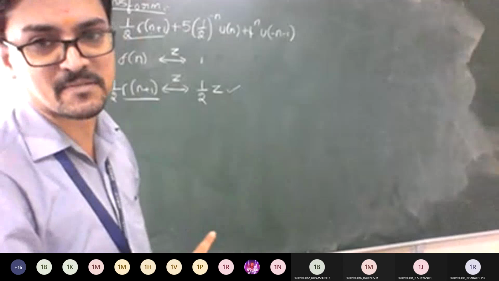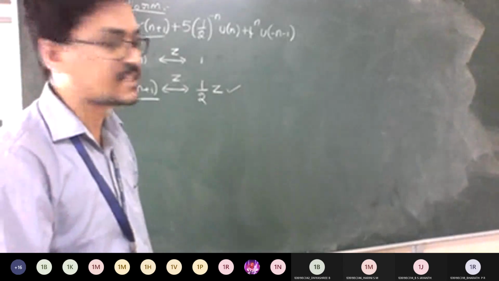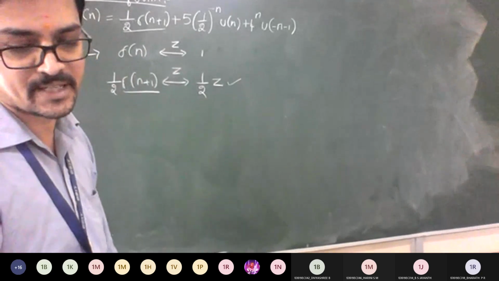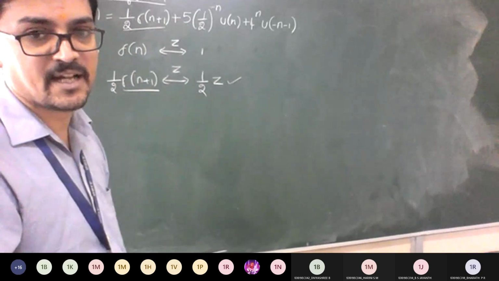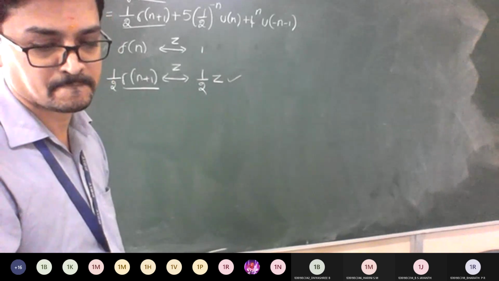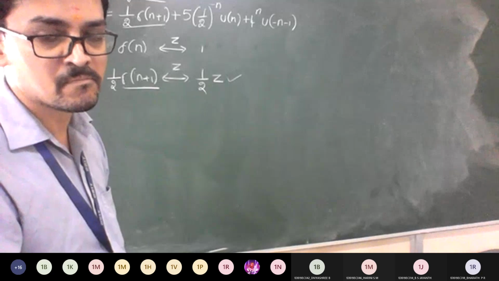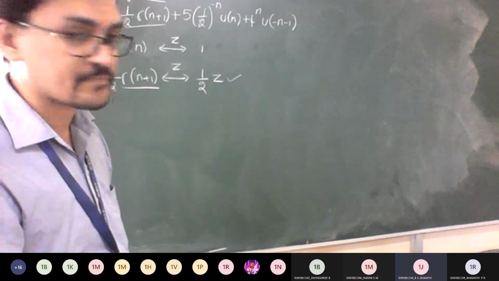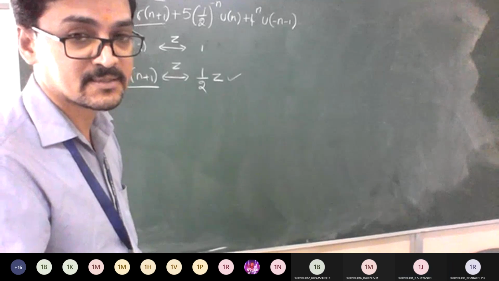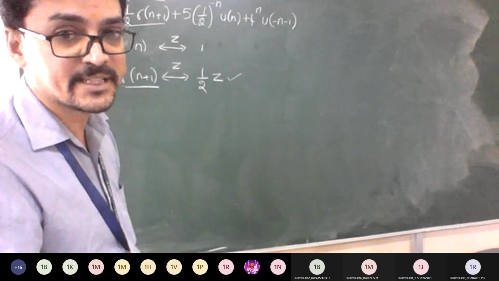Along with the Z transform, they ask you to mention the ROC also. So tell me where exactly your ROC lies. For the delta function, it is the entire Z plane, sir. The entire Z plane except infinity.